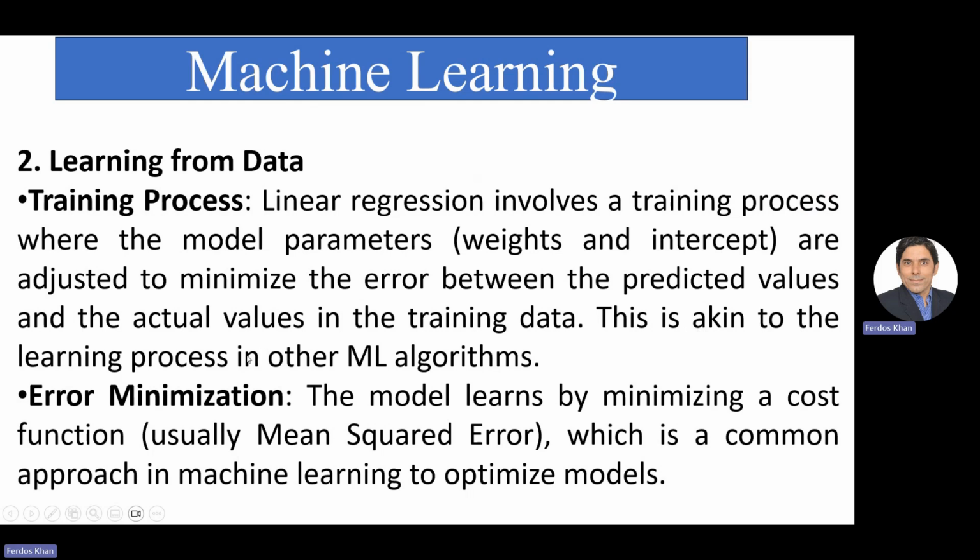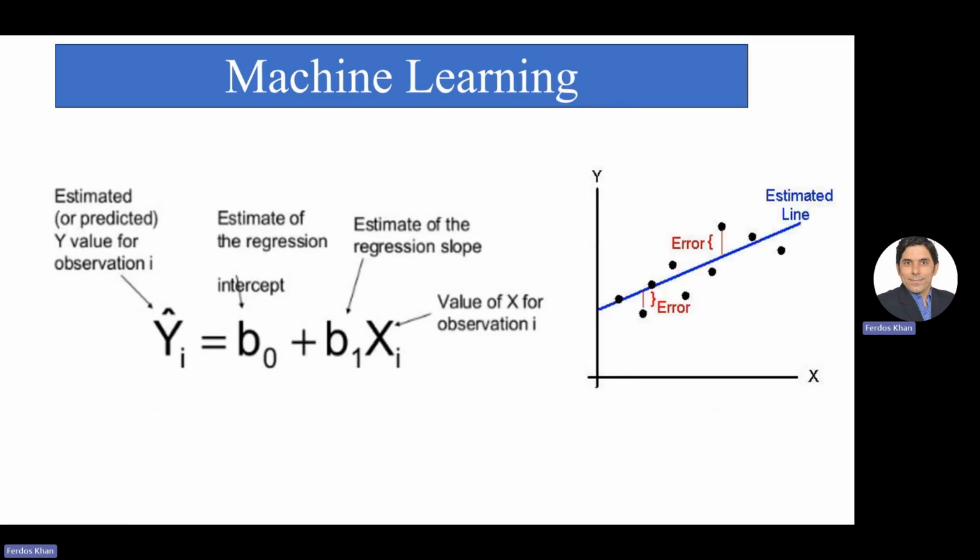This is similar to the learning process in other machine learning models. Yes, this is true. We estimate these parameters. I will have a separate video on the OLS estimation, where I will explain that in detail. But the principle in the regression analysis is that we estimate beta naught and beta 1 such that we minimize the residual, the sum of squares of the error.